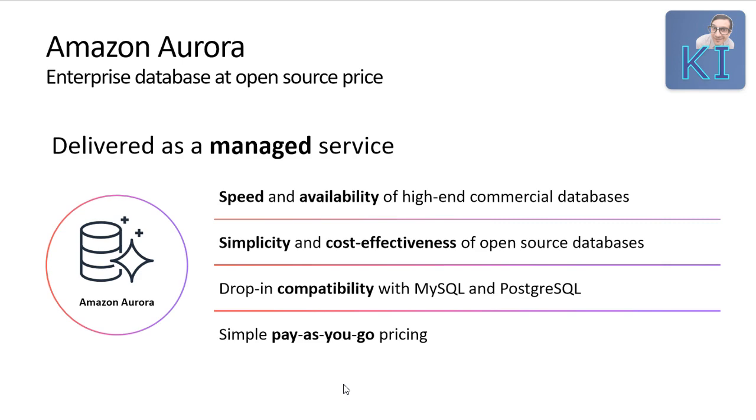So your existing database developer who understands MySQL or PostgreSQL can work very well with Aurora without much learning curve. And of course, in terms of pricing, it is pay as you go. So as you use, you pay on-demand pricing. Of course, RDS also supports reserved pricing. If you have visibility of your workload, you may benefit from reserved pricing.